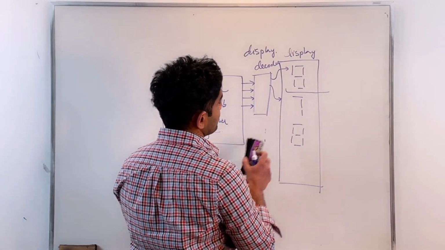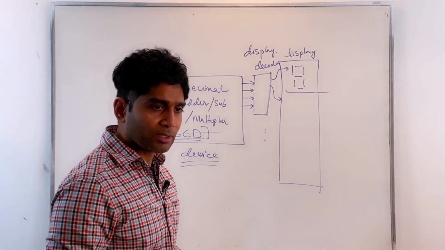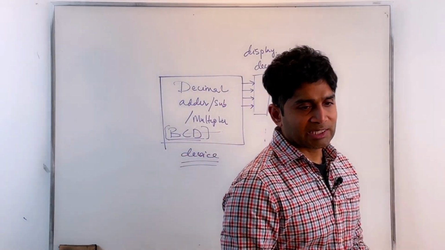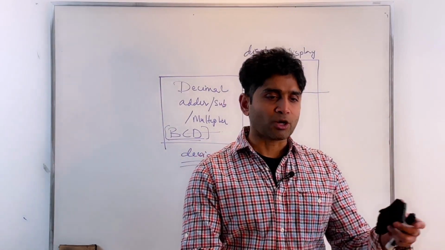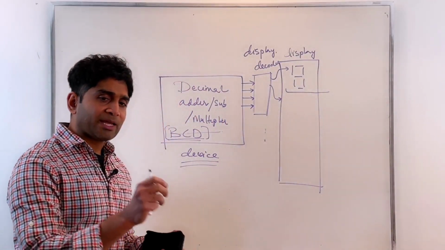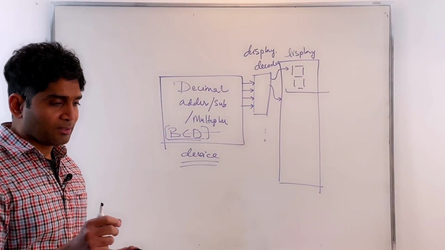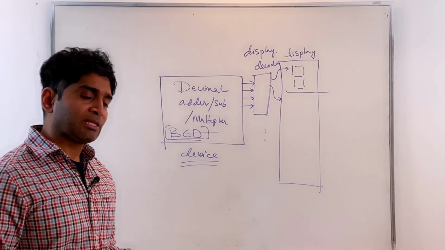In this example, let's just work with one. As I mentioned before, if I want to display more digits, all I have to do is copy and paste the same design. If I'm able to display a single digit, then the same circuit can be replicated to display multiple digits.